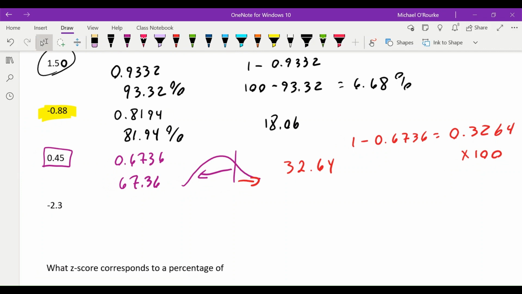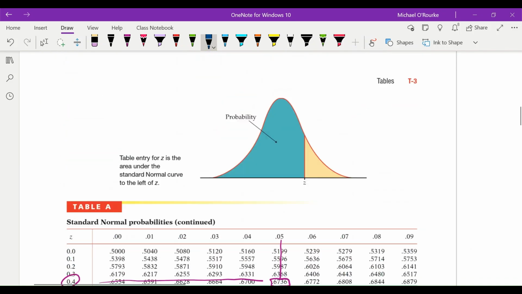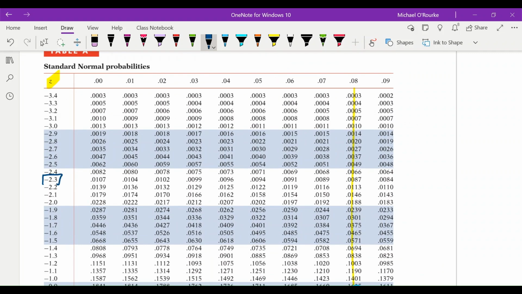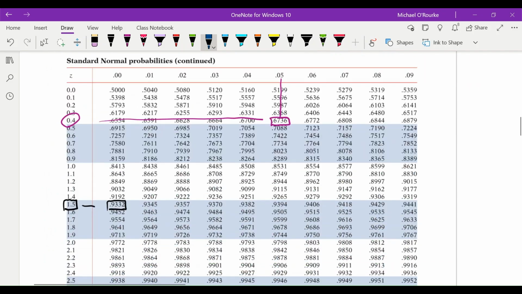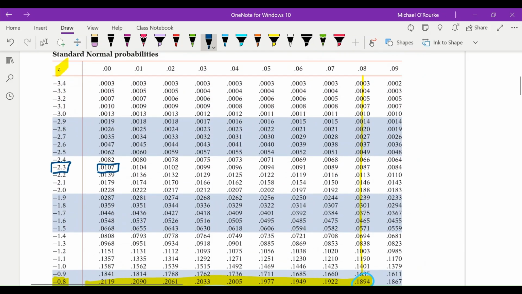And then lastly, let's try one more. Negative 2.30. So if you want to see if you can get it yourself, pause it. If not, negative 2.30. So I have 2.3 here, zeros right here. So 0.0107, I believe, if I'm not mistaken.